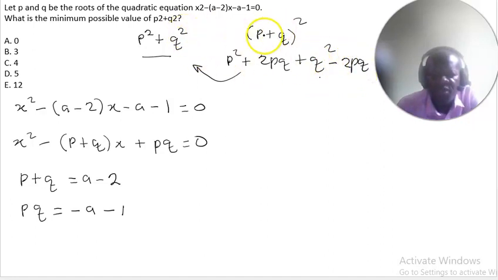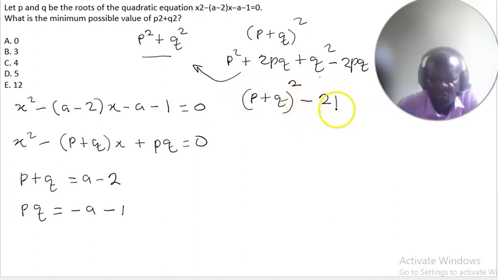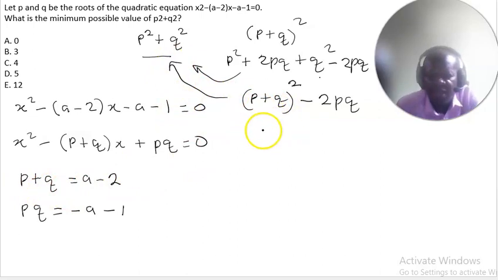So in other words, (P plus Q) squared minus 2PQ is the same thing as this.